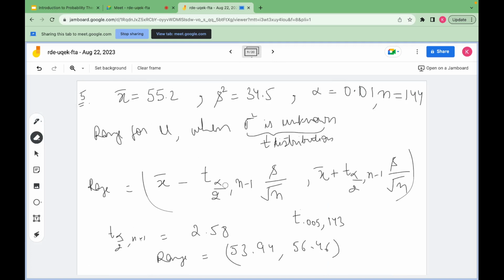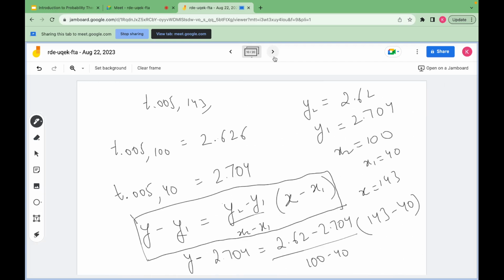So here it will be 2.56, and when you put these values here, we know all the other parameters. So this x bar is 55.2, s is root over 34.5, and this n is 144, so root n will be 12.